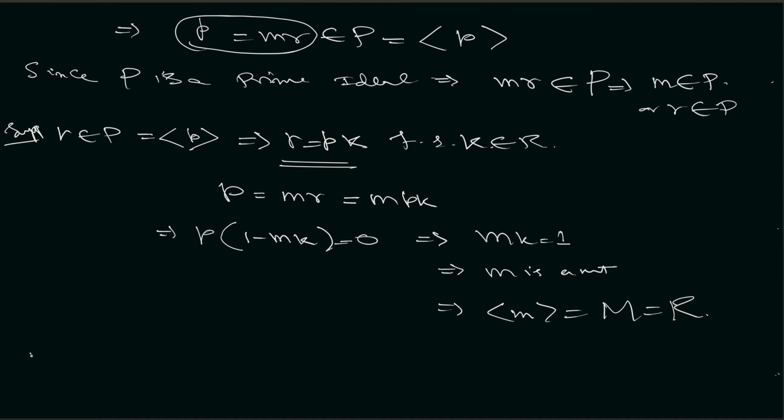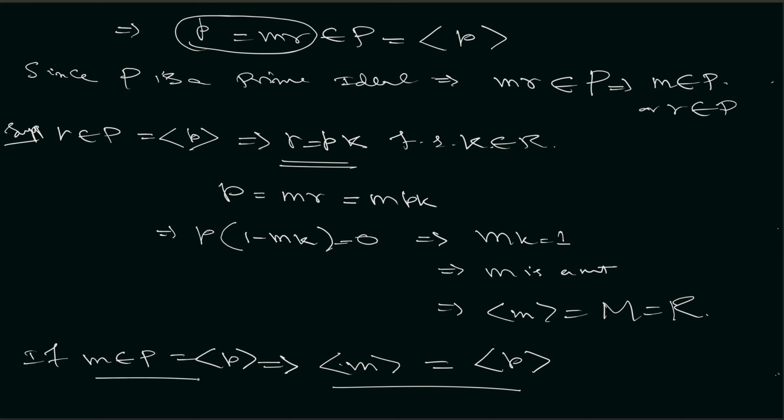And if m is in P, which is the ideal generated by p, this implies that the ideal generated by m is actually the ideal generated by p. Why?